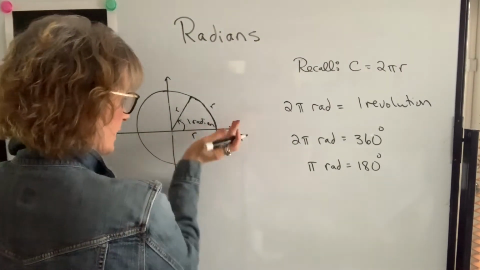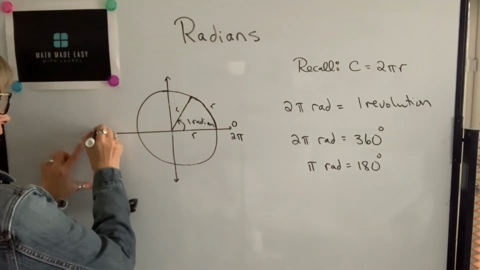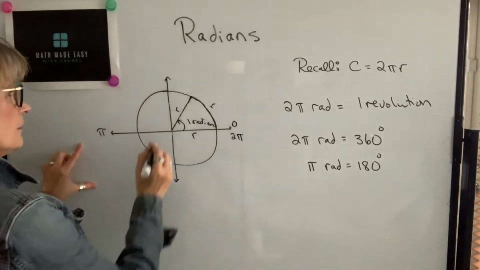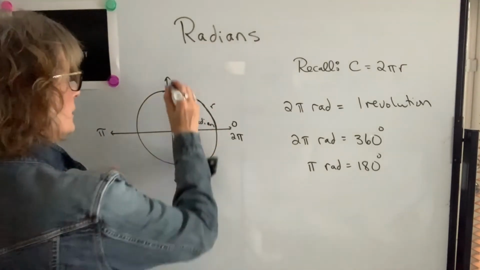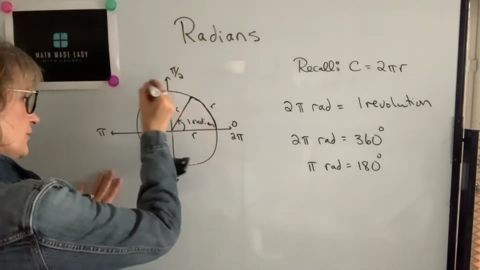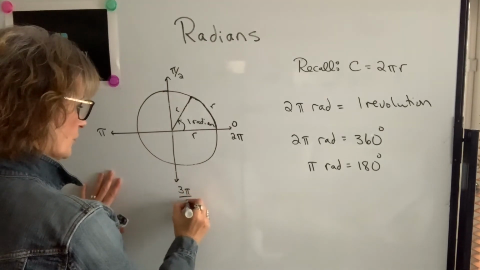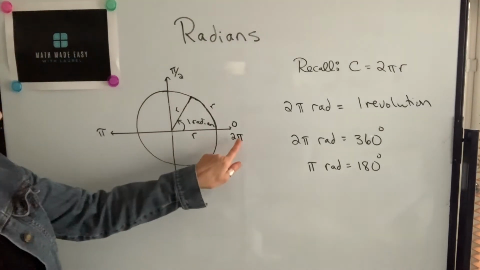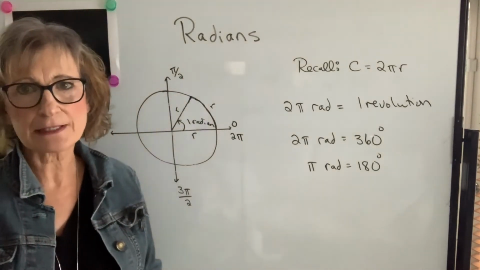It's also 0 radians when we start. In 180 degrees, there are pi radians, which means that in a quarter of a rotation, there will be pi over 2 radians. And in 3/4 of a revolution, there will be 3 pi over 2 radians. And those are going to be important values to remember when you are working with radians. Those are the values on the axes.